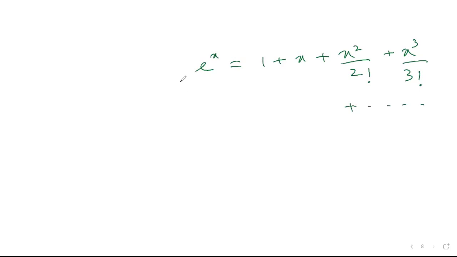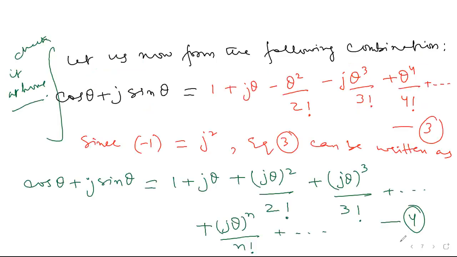This is the exponential series. So the right hand side of equation 4 has the same form as the exponential series with the exponent x equal to j theta.